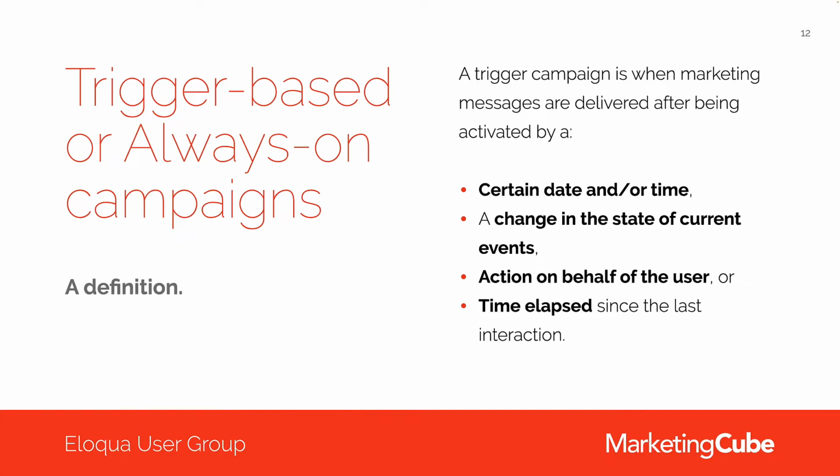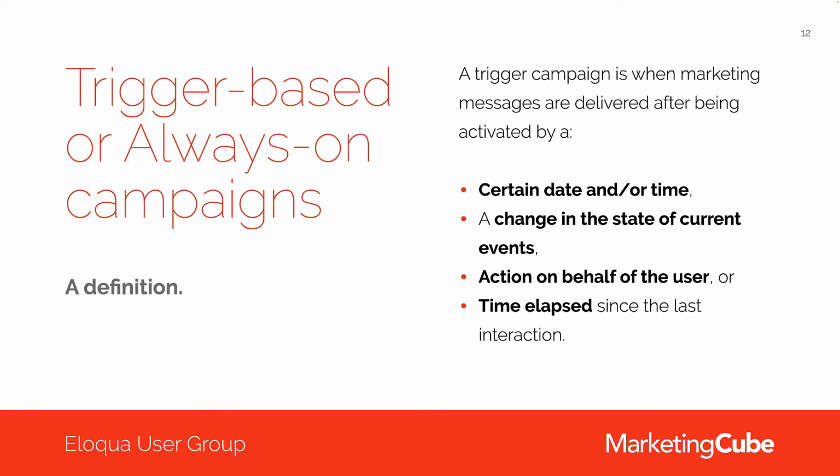The trigger essentially is data, and that data can be profile data or digital body language, so it could be a person's inactivity or activity in relation to email engagement, but you can use a whole range of things. It could be a certain date or time that triggers something.